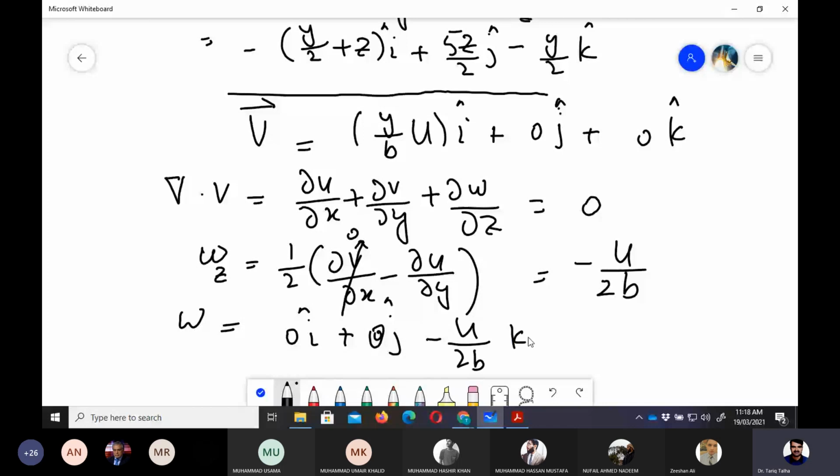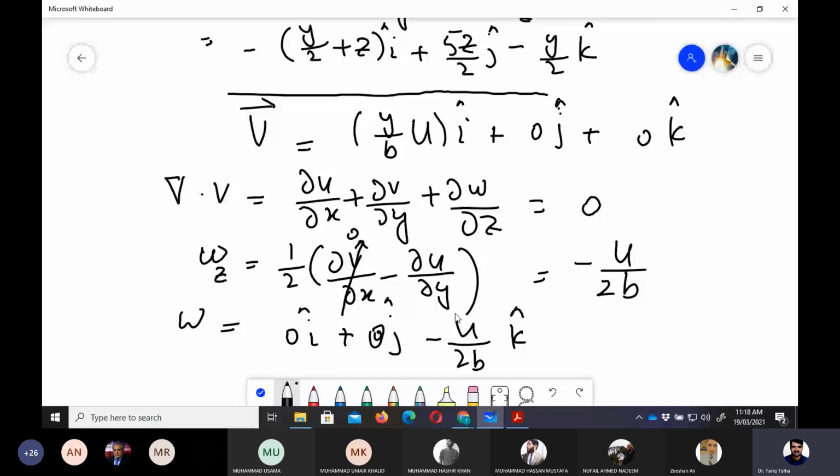Right? I have just written 0i plus 0j to emphasize that the wx and wy components are equal to 0, because it is a two-dimensional flow, so the rotation can only occur about the z axis.